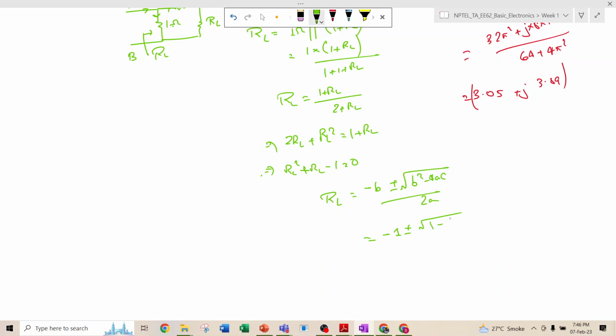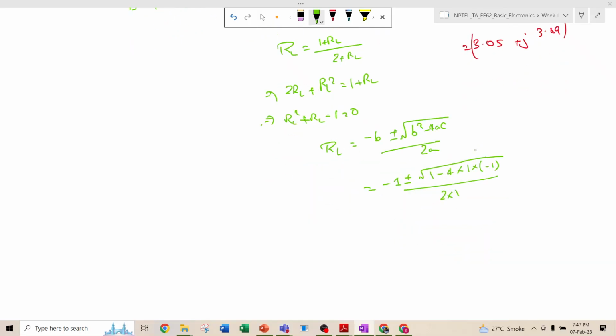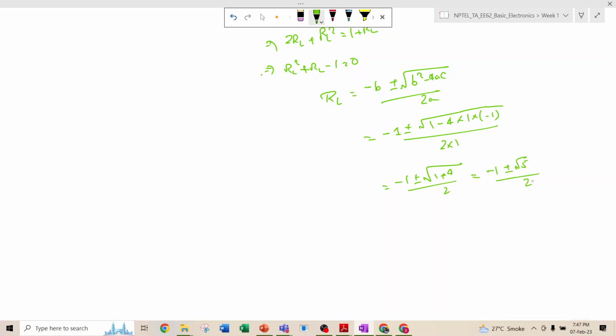So 1 minus 4 into A, the coefficient of RL square, which is 1, into C, which is minus 1, divided by twice A, where A means the coefficient of RL square, which is 1. So it will be minus 1 plus minus root over 1 plus 4 divided by 2. So minus 1 plus minus root over 5 divided by 2.